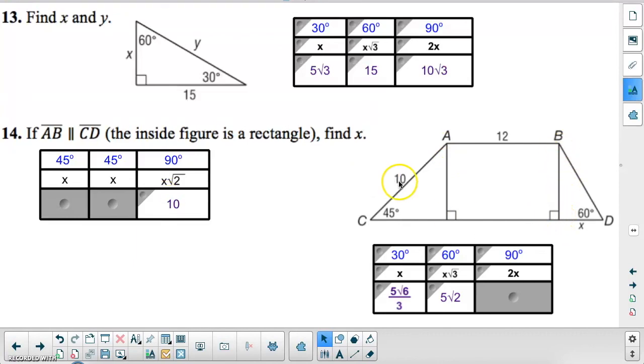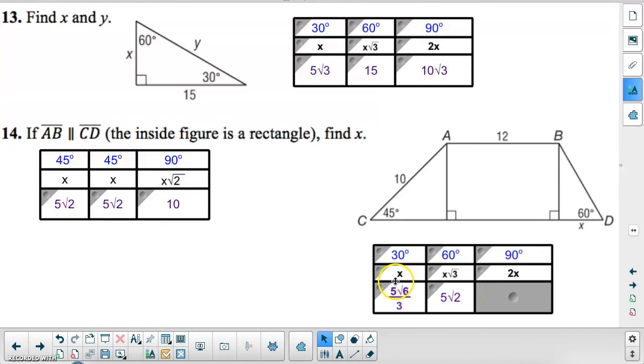So given a hypotenuse of 10, we divide by root 2 and rationalize that denominator to get 5 root 2. So 5 root 2 are both of these legs, which makes it this leg of the 30, 60, 90. So 5 root 2 is the x root 3 part of our pattern.